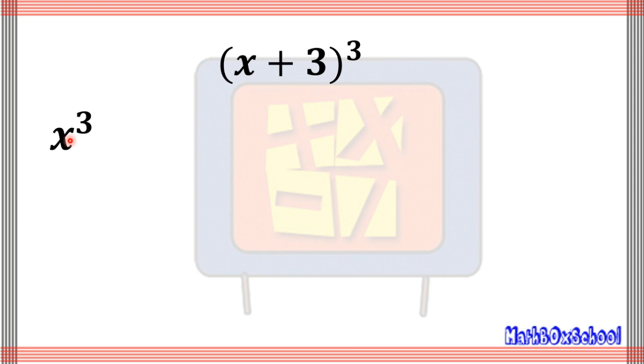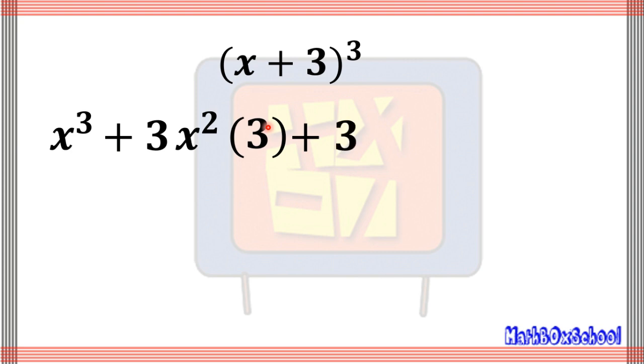So, that is x cubed plus 3 times the square of the first term. Ang first term natin ay x. So, na-square ko siya, times the second term which is 3.